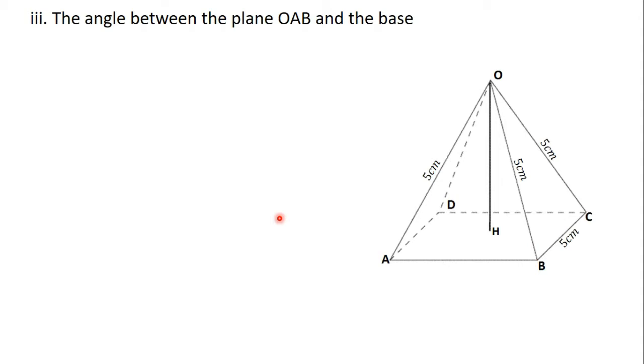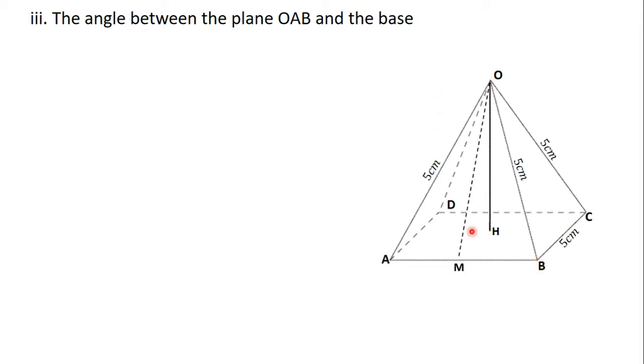The question also said we should find the angle between the plane OAB and the base of the pyramid. So we are referring to this plane OAB and the base of the pyramid. The plane OAB will create an angle with the base of the pyramid. To help us do that, you draw a line from the vertex O to the middle of the line AB.